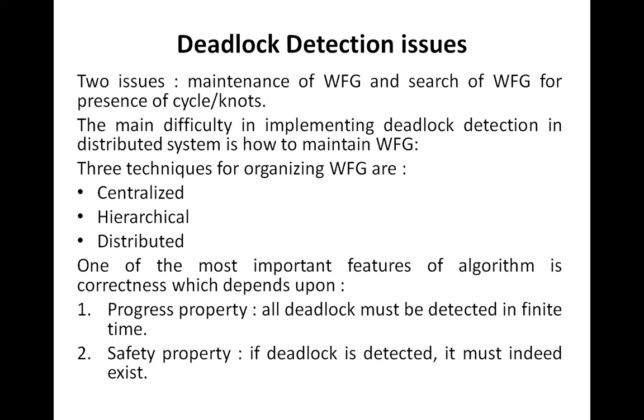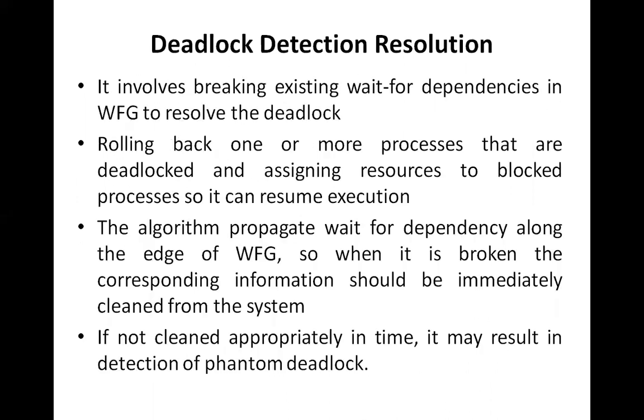As a result, the site may detect a cycle which does not exist. So there are certain primary reasons why many deadlock detection errors reported are incorrect, and that is why these two issues are very important.